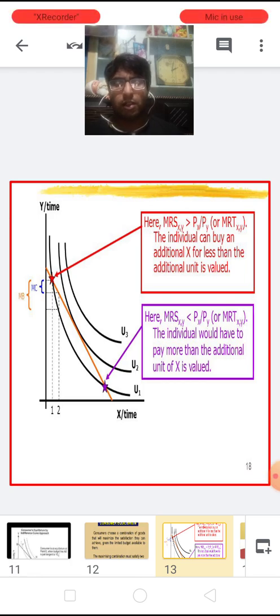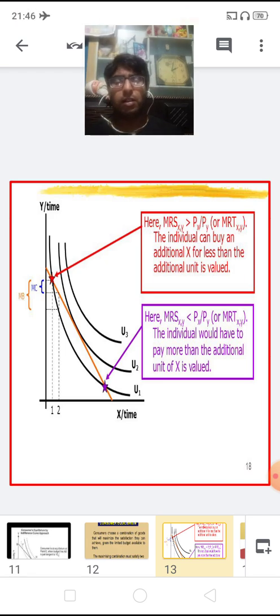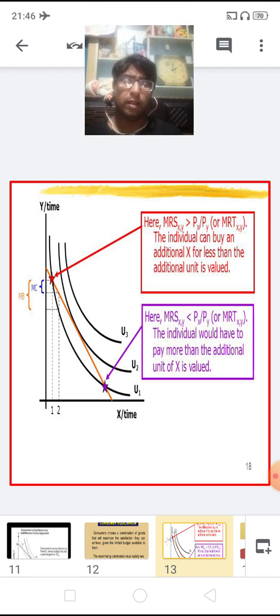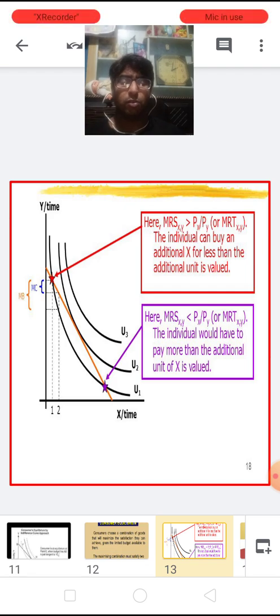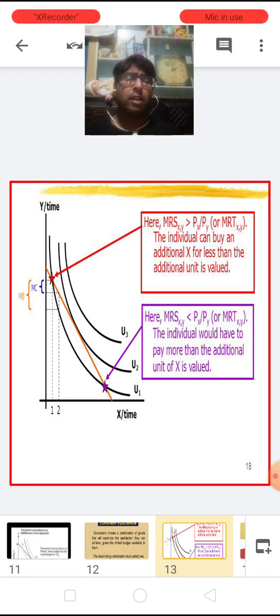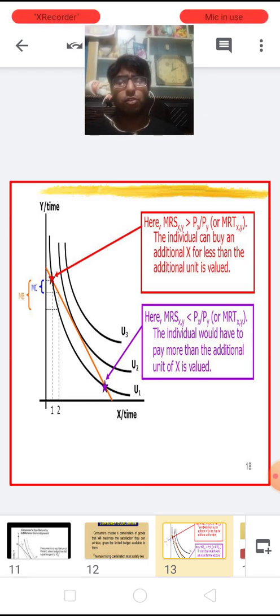Again, there is one exception: what will happen if MRS_XY is greater than Px upon Py? As we have already understood in the consumer's equilibrium under the utility analysis approach, if MUX upon PX is greater than MUY upon PY, then what should a rational consumer do?